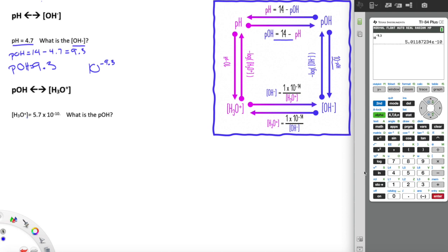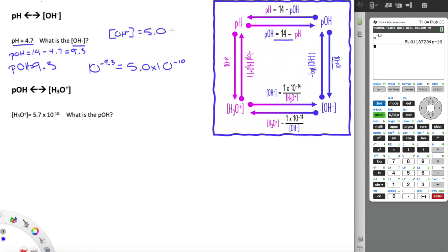Hit enter. And so that tells me that my hydroxide ion concentration is 5.0 times 10 to the negative 10th. OH minus concentration is 5.0 times 10 to the negative 10th, and that's molar. All right, so there is the first answer.